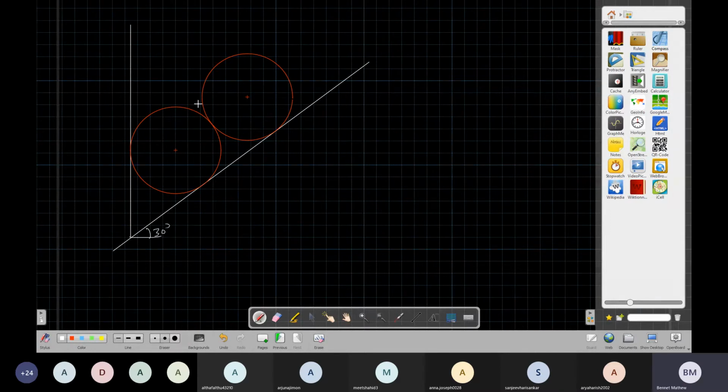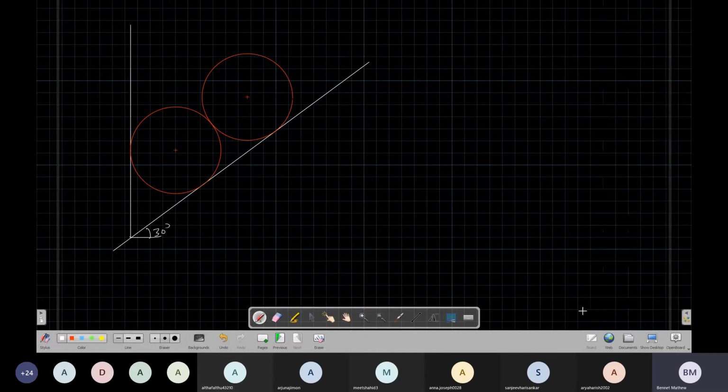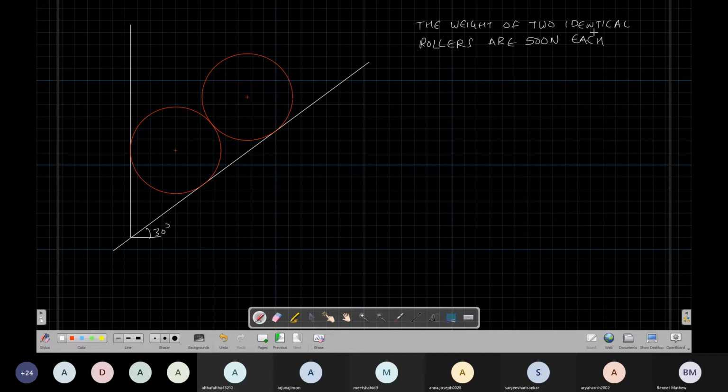Okay. Let's say the weight of 2 identical balls or rollers are 500 Newton each. Okay.